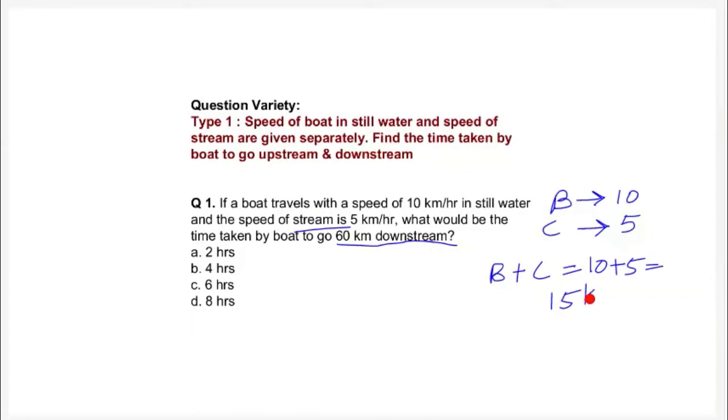In 1 hour, 15 km. But we want to go 60 km. What time will you take to cover 60 km?